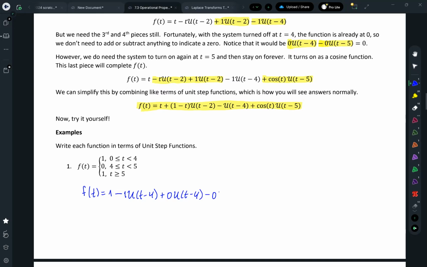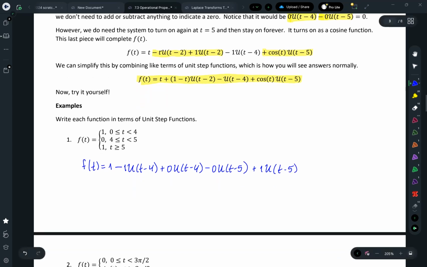We're going to turn off 0 at t minus 5. So we have 0 times u of t minus 5. And then we turn the system on again. The third piece is 1. So we have plus 1. And it turns on at t equals 5. So we have u of t minus 5 to get us there. And that stays on forever.